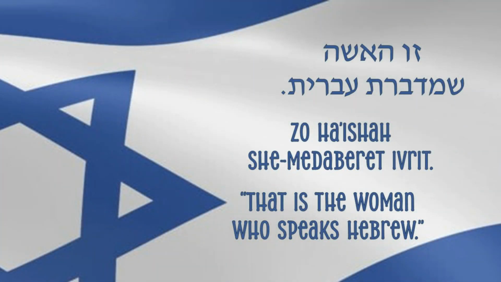She can also be used in a relative clause, which is a subordinate clause that describes a noun. Zo haisha shemedaberet ivrit. That's the woman who speaks Hebrew, or that's the woman that speaks Hebrew. Right? Which woman? The woman that speaks Hebrew.